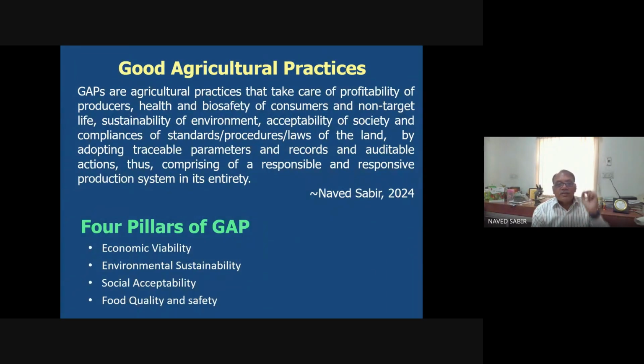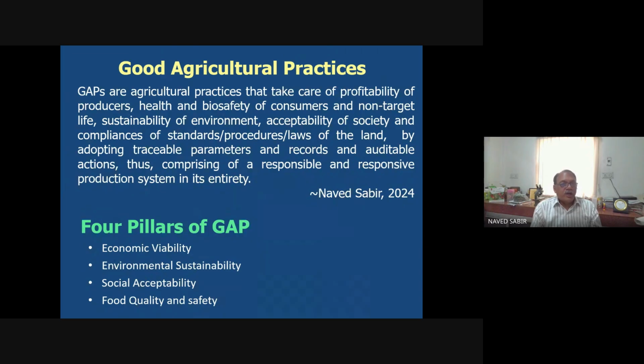Good agriculture practices are nothing but, if I were to speak, comprising of responsible and responsive production systems in terms of profitability of the producers, health and biosafety of the consumers, and non-target organisms. For example, if you are controlling a pest, you cannot kill the pollinator because that is not the target.